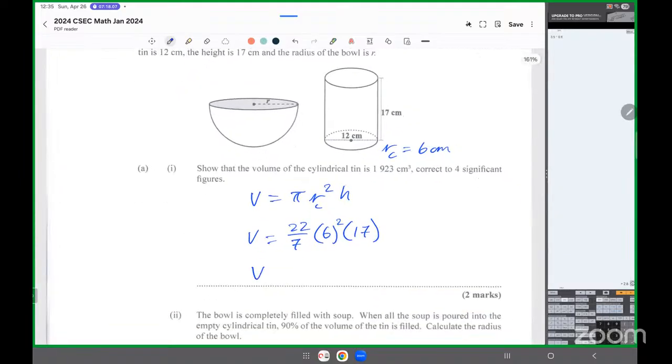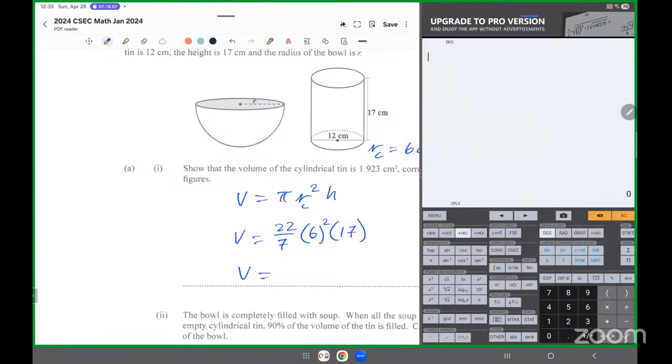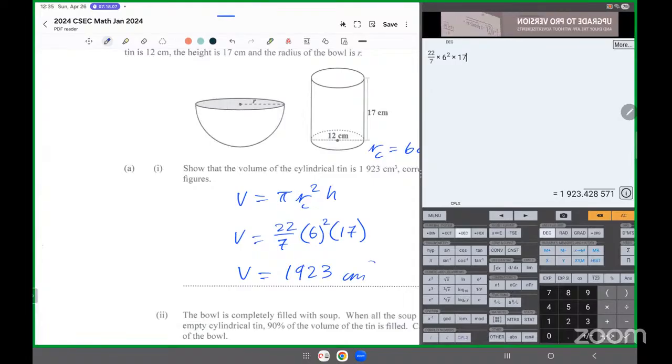Put that in the calculator, and you should get that value that they gave you. So it's 22/7 times 6 squared times 17. See? 1923 centimeters cubed.